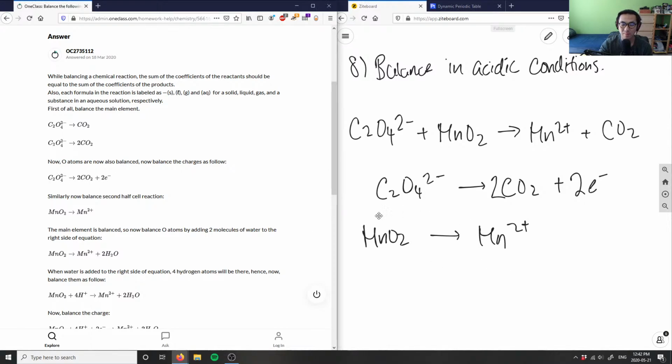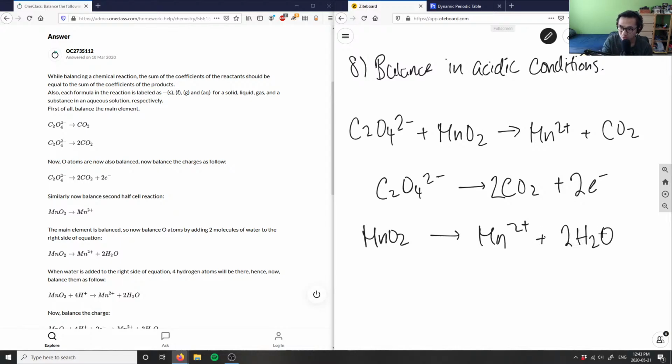And similarly with Mn or manganese dioxide, I have Mn here, Mn here. And then what I have to do here is, again, I balanced out my manganese first, but then I have to balance out my hydrogen and oxygens, right? And in order for me to do that, I can always add water. And water is a great method here because it introduces oxygens into my compound. So I have 2 oxygens here, which means I'm going to have to add 2 waters to this side.